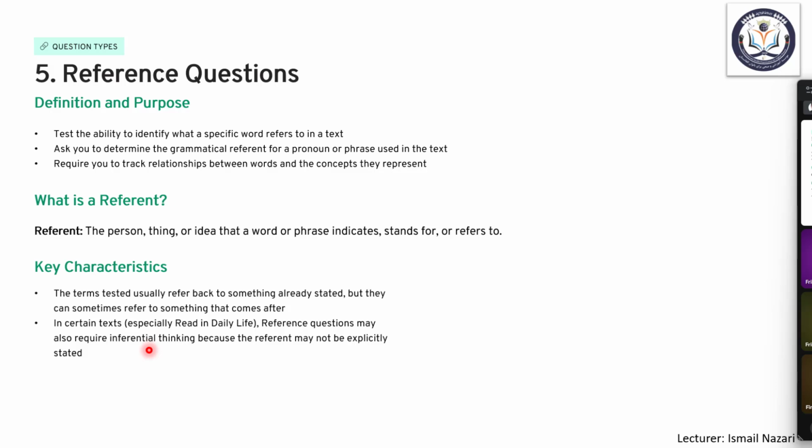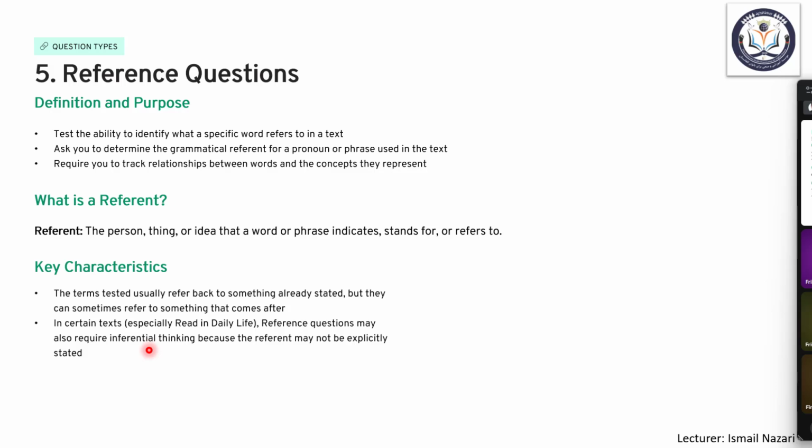It means we need to find out the indirect connection made inside the ideas. It's not always direct. We need to find out the inferential relationship between ideas that are not explicitly stated.